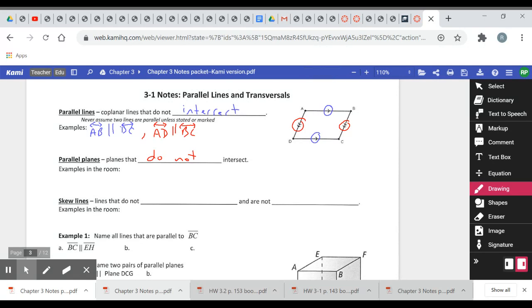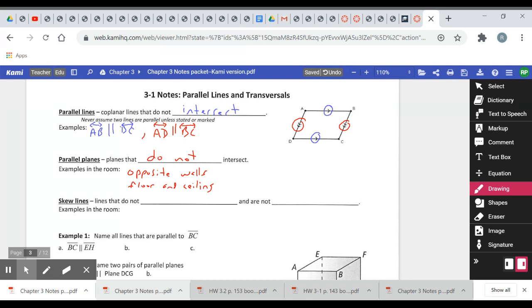The ones that are coming to my mind would be the opposite walls in the room, or another would be the floor and the ceiling. The floor and the ceiling are never going to intersect each other, even if you extend them out in all four directions.